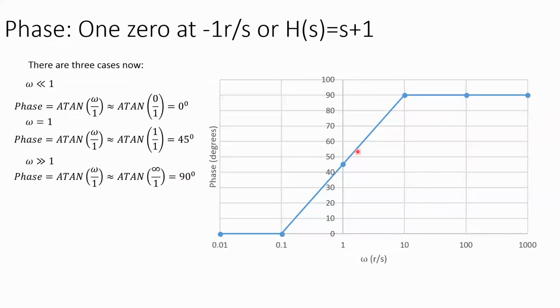Now the way to plot this is when you're at the critical frequency, and in this case the critical frequency is 1 radian per second, you go to 45. When you're 1/10 of the critical frequency, in this case 0.1, you're at 0 degrees phase. When you're at 10 times the critical frequency, in this case 10 radians per second, you go to 90 and never come back down.